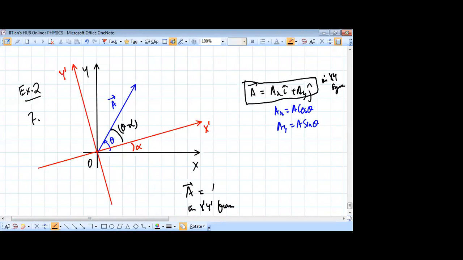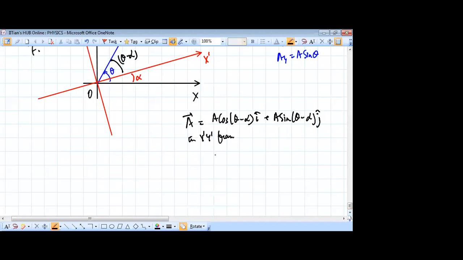It will become E cos(theta minus alpha) i cap plus E sin(theta minus alpha). So in this frame, what is happening? The components are becoming E cos(theta minus alpha) and E sin(theta minus alpha).